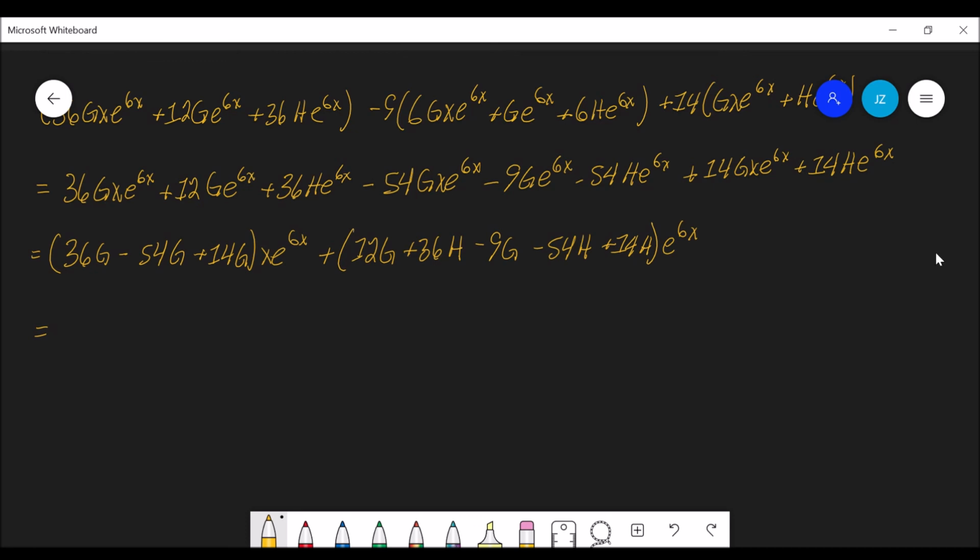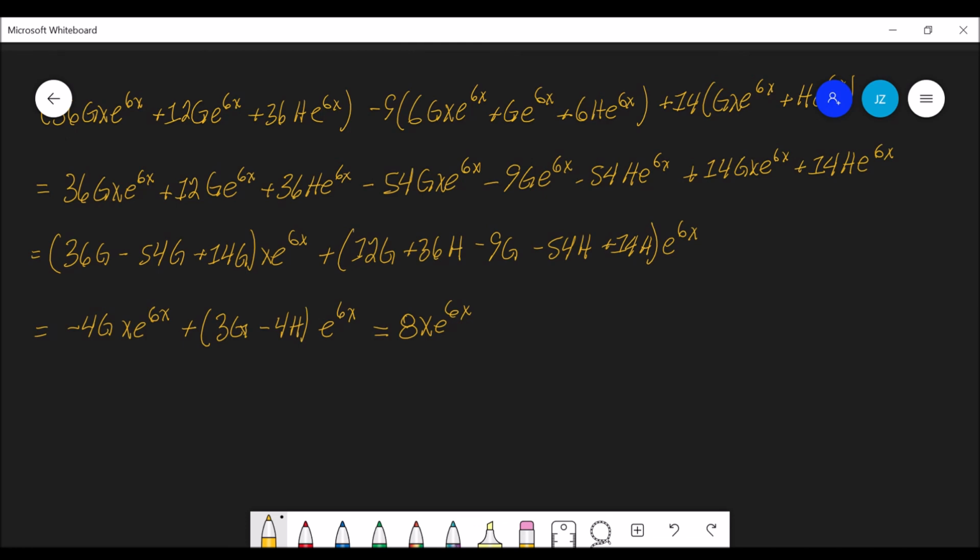So 36 plus 14 is 50 minus 54, so we're going to have negative 4gxe to the 6x plus, we have a 12g minus a 9g, that is 3g. 36h plus 14h is 50h minus 54 is negative 4he to the 6x. And this must equal 8xe to the 6x.